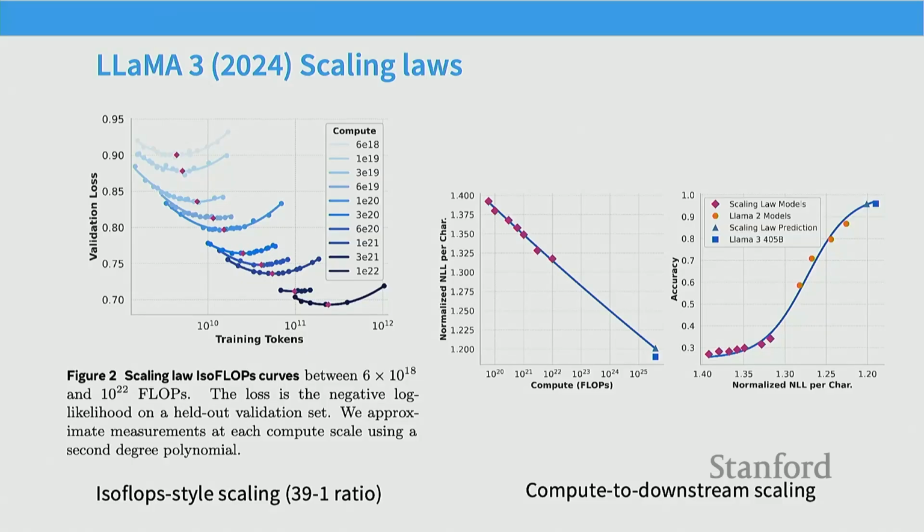The other thing, which is close to the data scaling stuff that I mentioned in the early parts of my first scaling lecture, one of the interesting things that the Llama 3 folks do is they try to correlate compute into NLLs, like log loss, and then correlate those NLLs back into downstream accuracies.